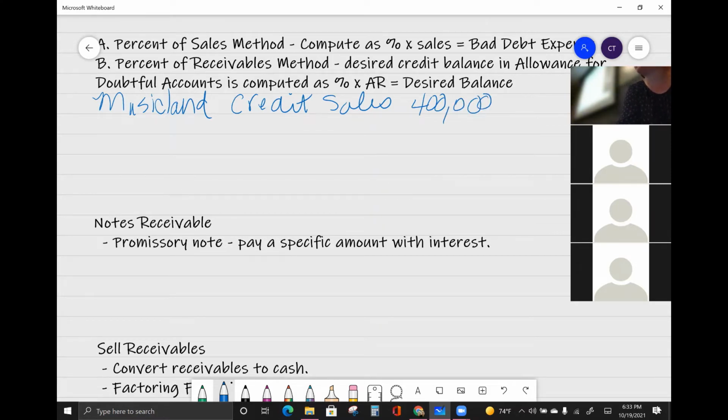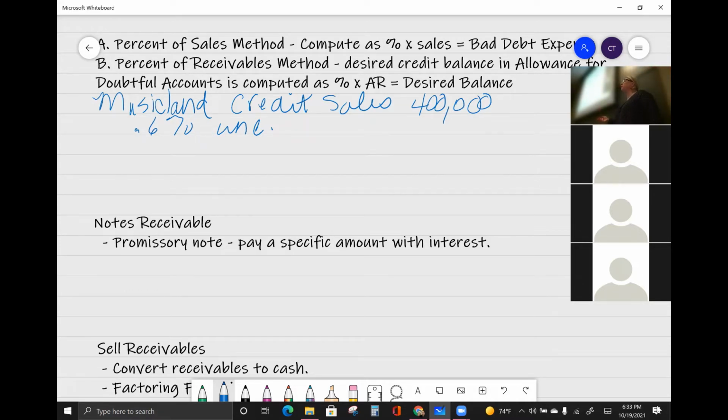And it's estimated that 0.6% of the credit sales will eventually be uncollectible. So we're going to say 0.6% is what we're estimating uncollectible. Does that make sense? We're saying, okay, we have 400,000 in sales. And I've decided that based on history, we're not going to collect 0.6% of that.